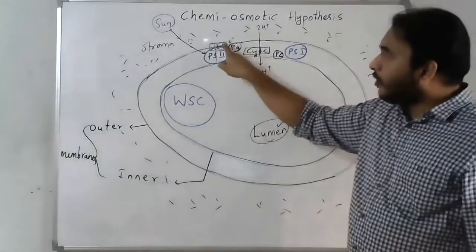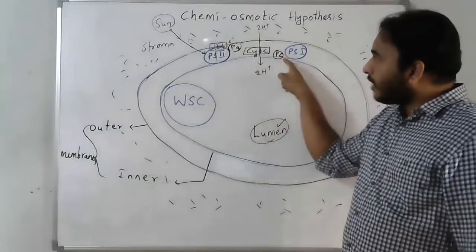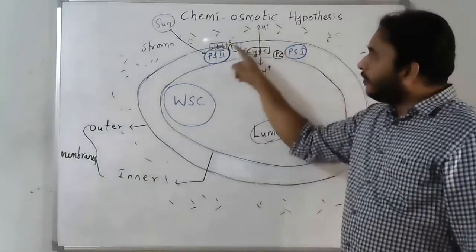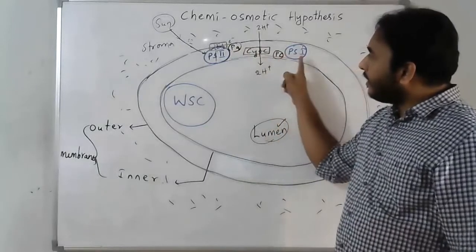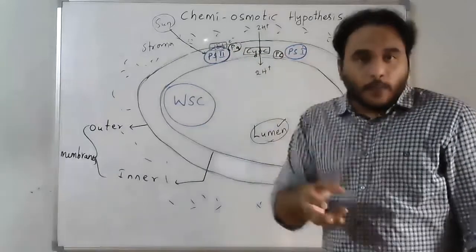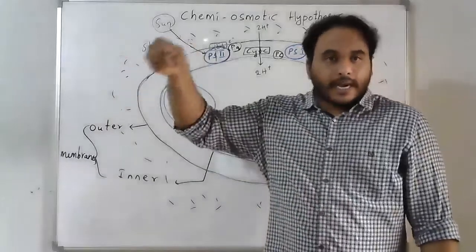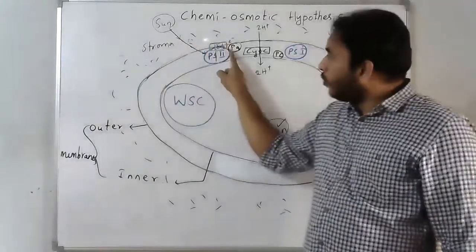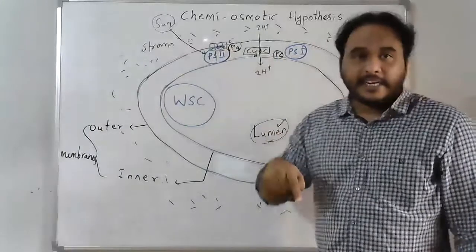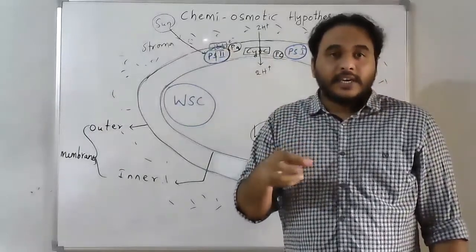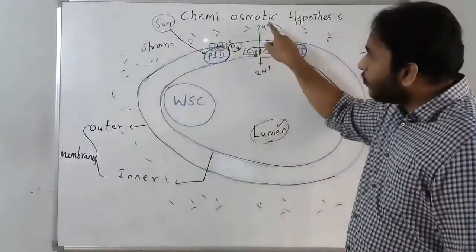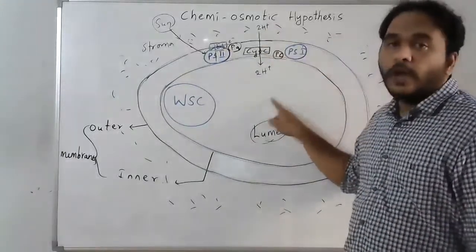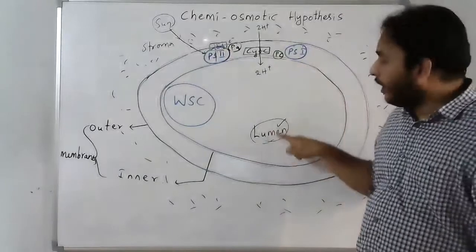So the electrons are transported through this electron transport chain, which consists of plastoquinone, cytochrome, and plastocyanin, then PS1. While transporting electrons from plastoquinone to plastocyanin, the energy is utilized by the cytochrome to pump protons from the stroma into the lumen of thylakoid.